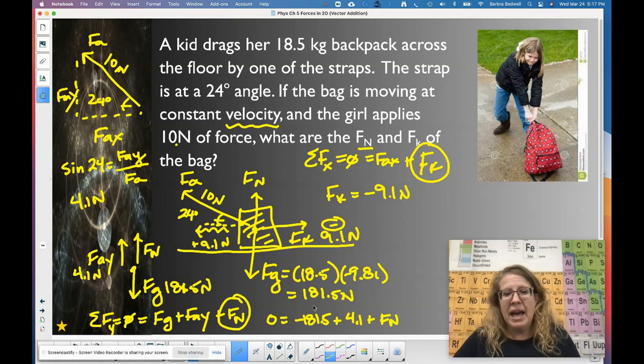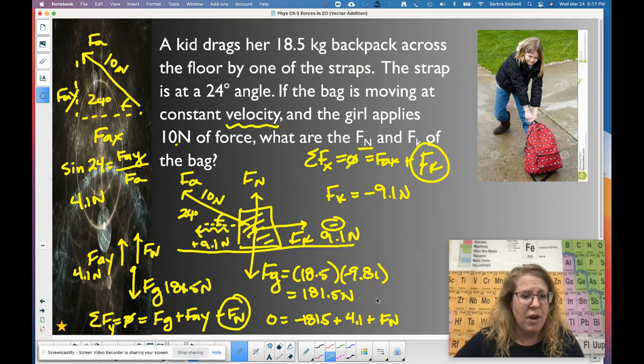It'll be positive. Now we can solve for that. 181.5 minus 4.1 gives us a difference of 177.385. So 177.4 newtons upwards is equal to Fn.